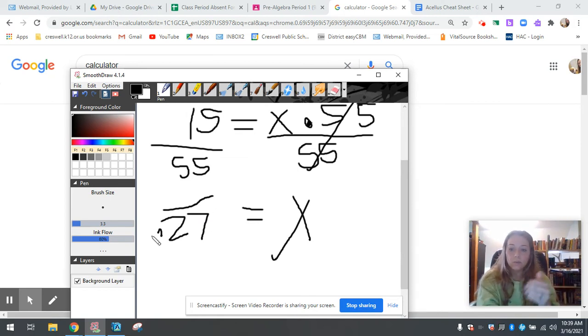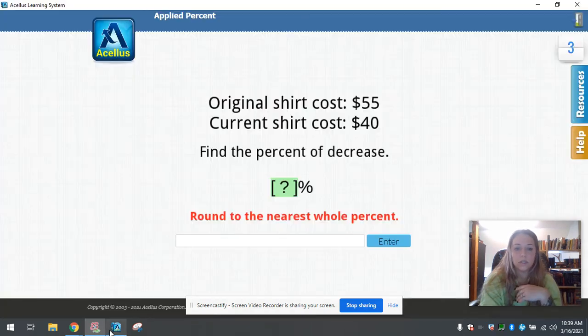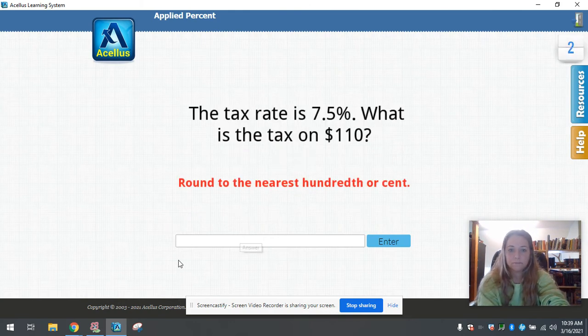Now we have a decimal, but we're being asked to write it as a percent. So we do the opposite. We move the decimal to the right twice instead of to the left. So that 0.27 becomes 27%. And that makes sense because 0.27 would be in the hundredths place, and percents are out of 100. So our answer is 27%. The cost decreased by 27%.